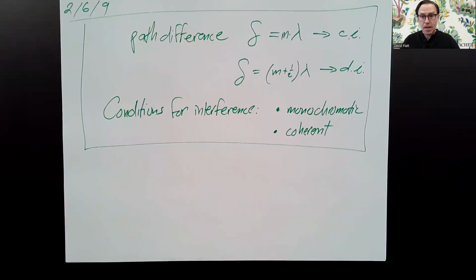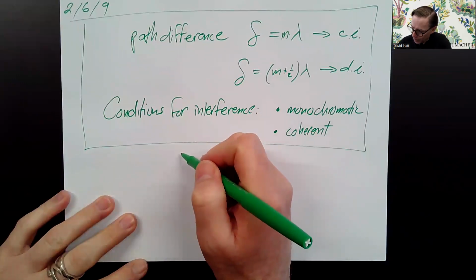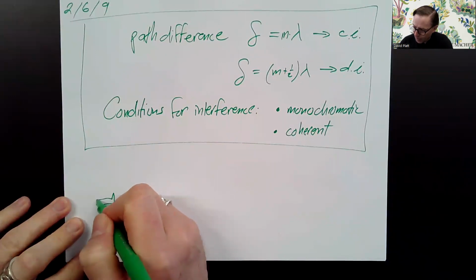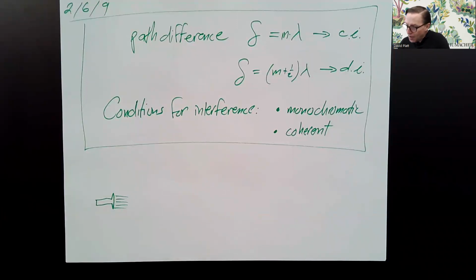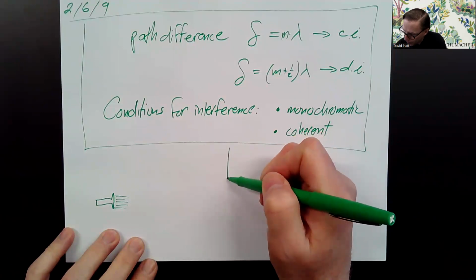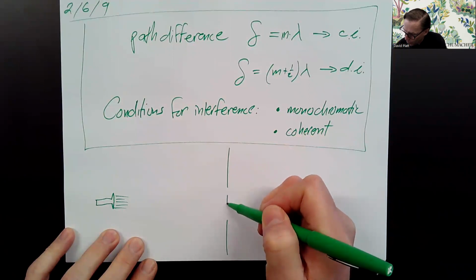Now, the experiment that we use to prove that light is a wave looks like this. We have a source of light. I'll draw something that looks sort of like a flashlight. A source of light. And then we send that light through a little place here where there are two slits.